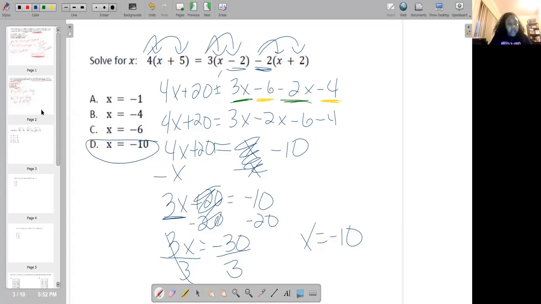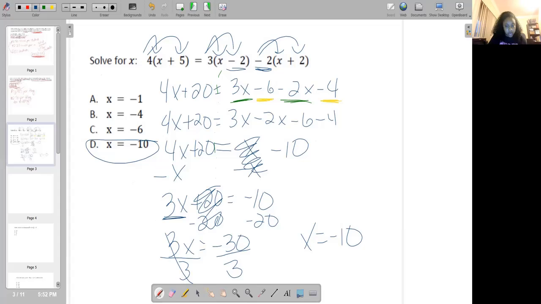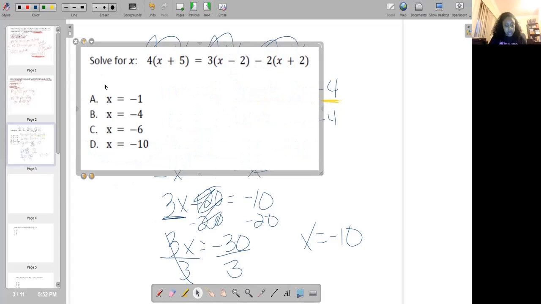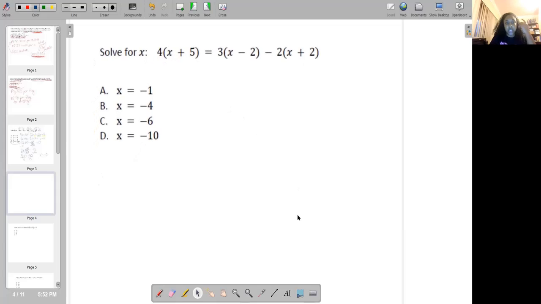Now, what I also want to show you is that it's possible to solve this without actually solving for the variable, right? Remember, the purpose of us solving this equation is so that we can figure out what x is equal to.